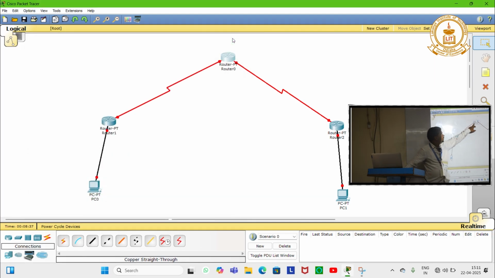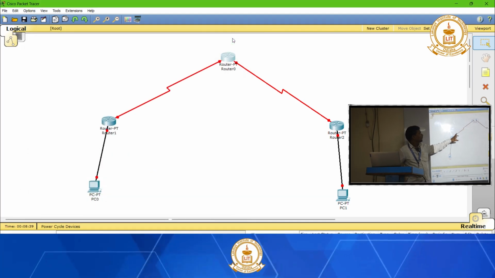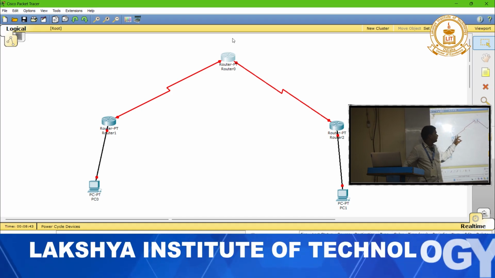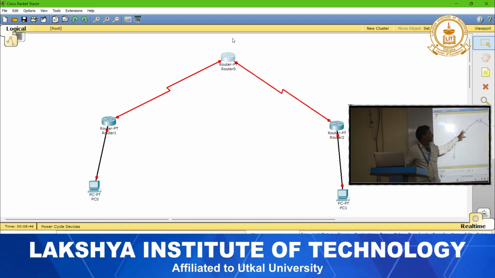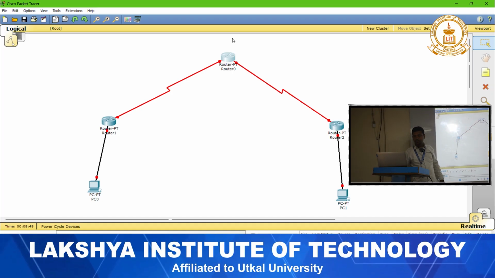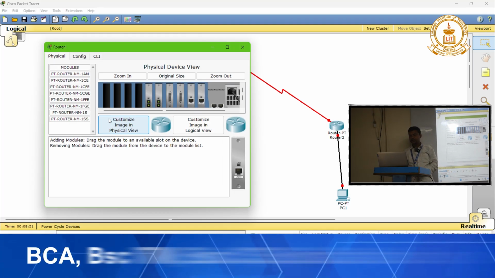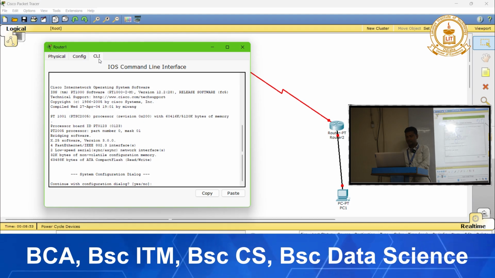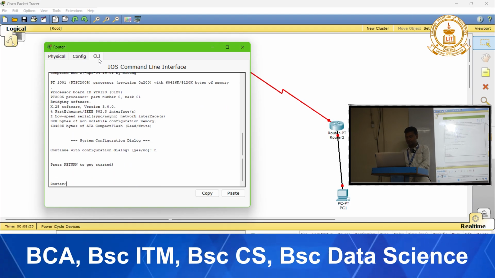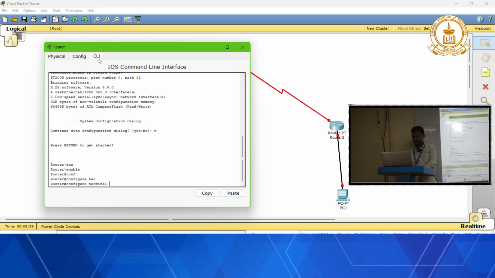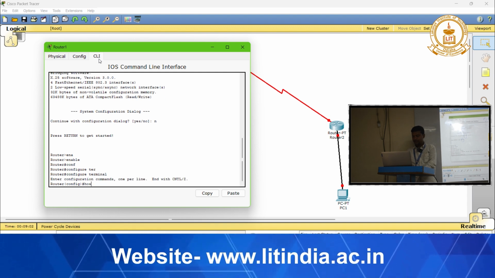So 2x0 is connected to 2x0. So both sides are which signal? Red signal. When you configure this side, the cable must show green signal. So we are using router 1. The router 1 is your LIT router. Simple: enable, configure terminal, hostname LIT.